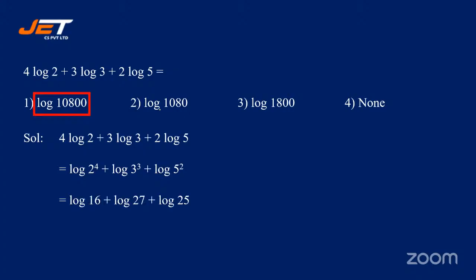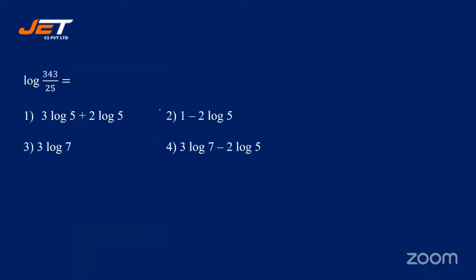So log 16 plus log 27 plus log 25. Everything is addition, so you can multiply. Log 16 into 27 into 25 will give you log 10,800. All right, yes.